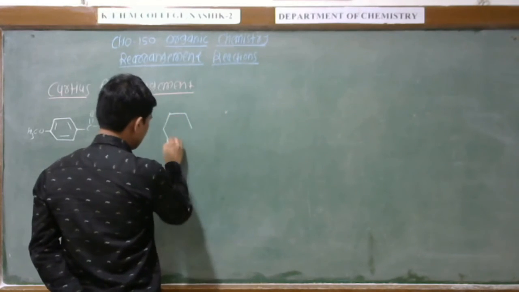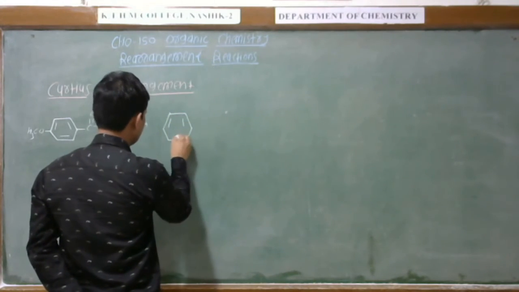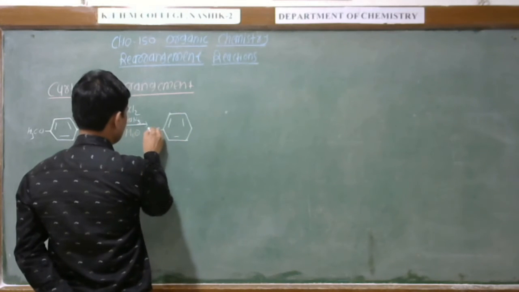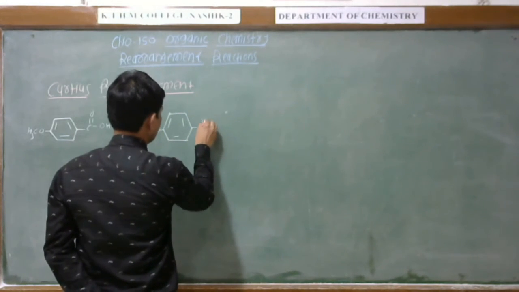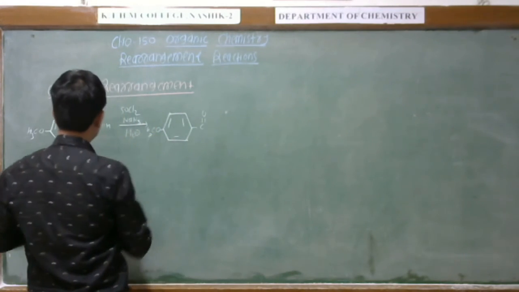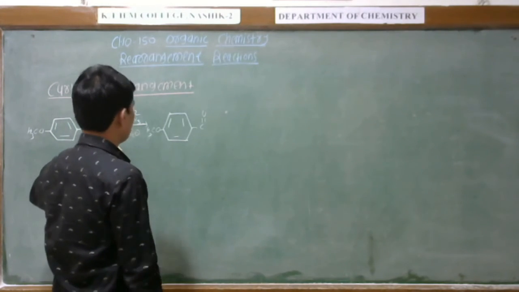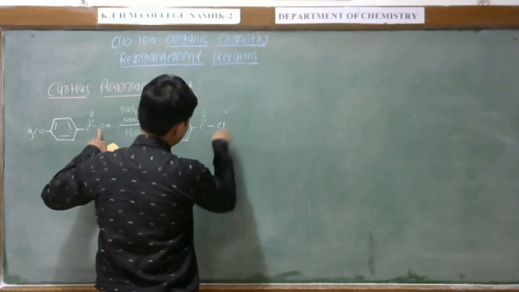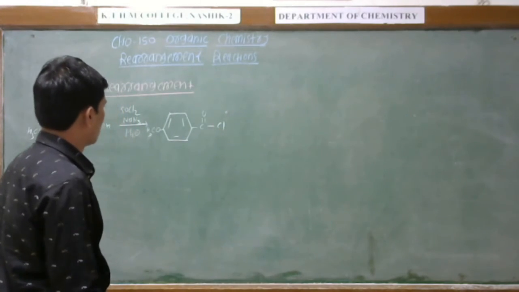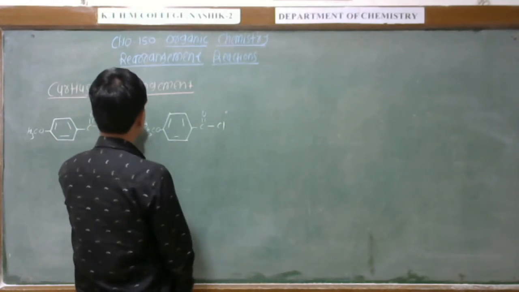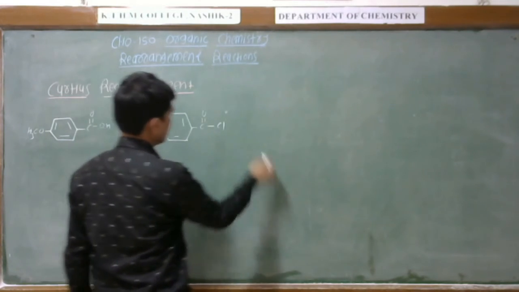So in this case, you can write here OCH3, C double bond O, and now this hydroxyl group will be replaced by chlorine, and hence this acid chloride is formed by using the first reagent SOCl2.